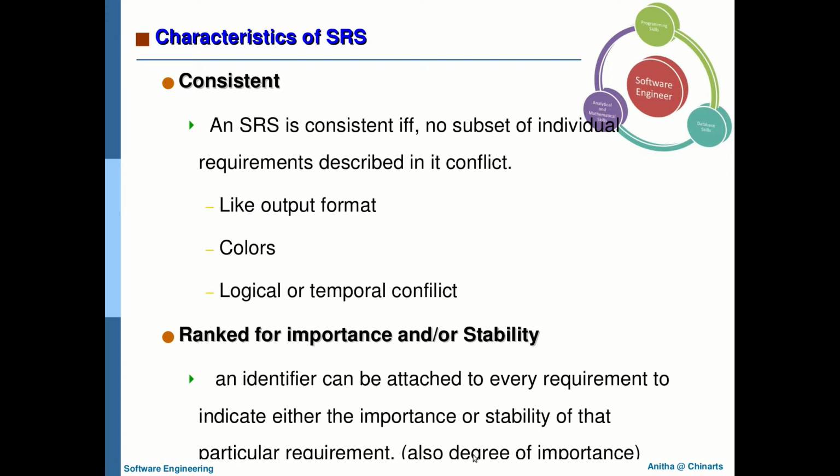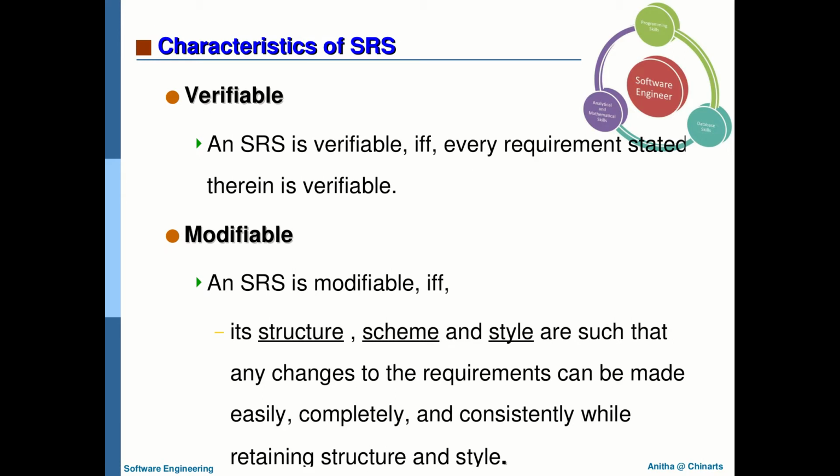Also, the degree of importance can be specified. Say for example, when you are describing the requirements, which is the higher priority requirement, which is the lower priority requirement, or what is the degree of importance of each and every requirement, that can also be specified, so that all the higher priority requirements can be designed first, then they can go for lower priority. Then you can say that the SRS is ranked for importance or stability.